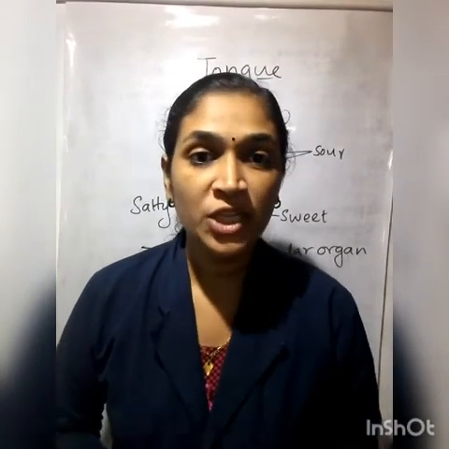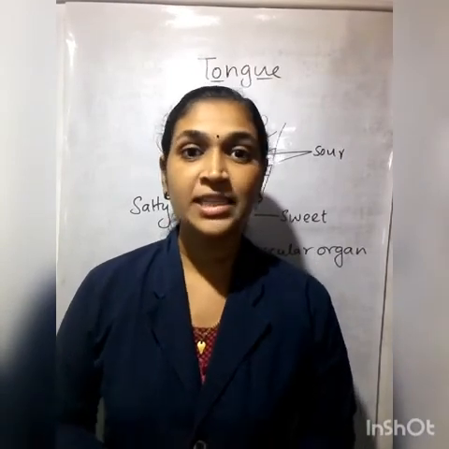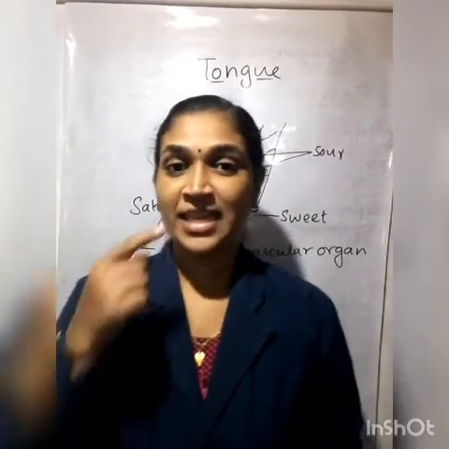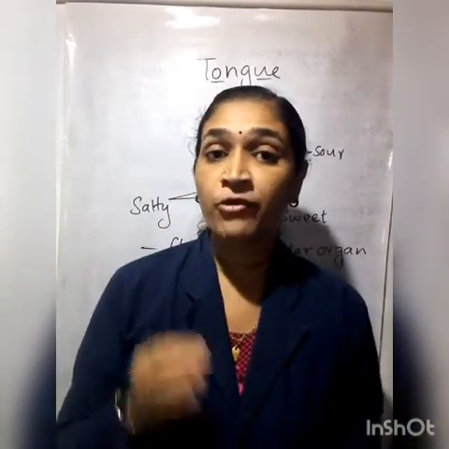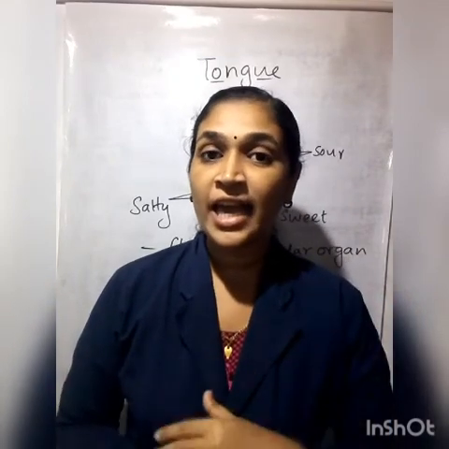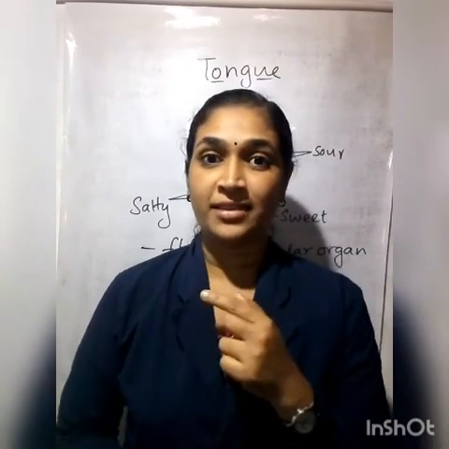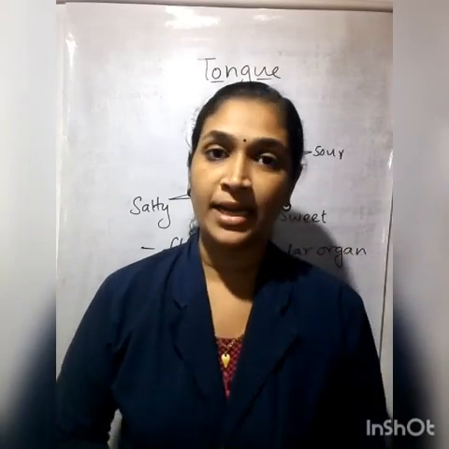Then we are moving to the next part in the buccal cavity, that is the tongue. So what is the tongue? This is our tongue. The tongue is a fleshy muscular organ placed at the bottom or at the back of the buccal cavity.